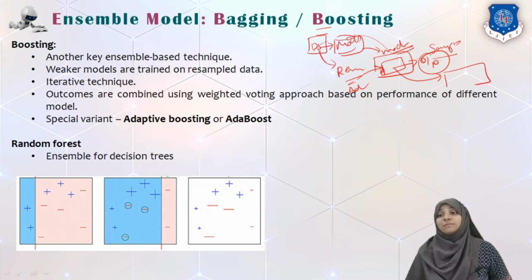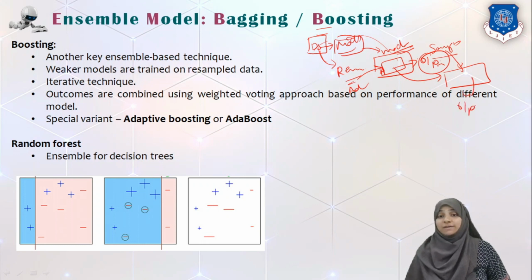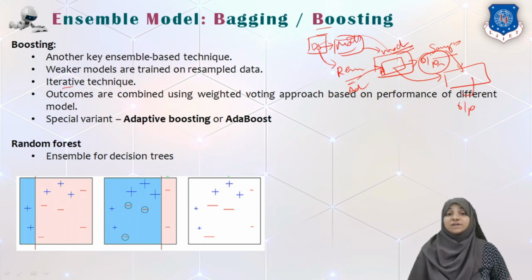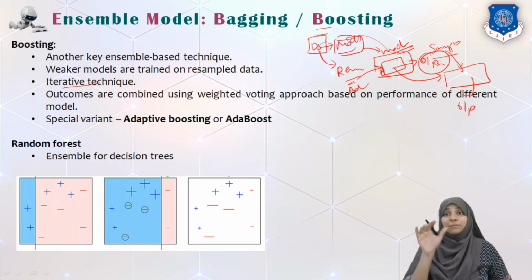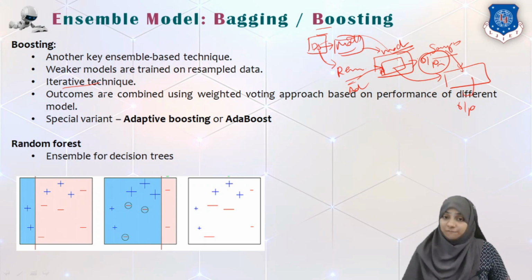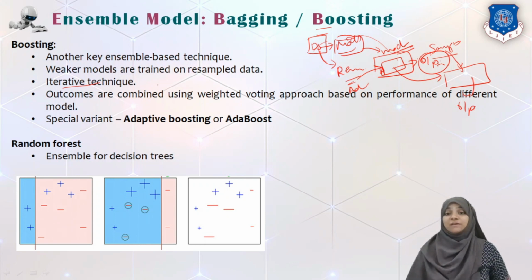This model's weights are again changed or adjusted, and this resampled data is again fed to the system and the output is checked. So this is an iterative technique where we are changing the parameters of a particular model based on resampled data by adjusting the weights. So the outcome of this combined weighted voting approach is based on the performance of the different models.